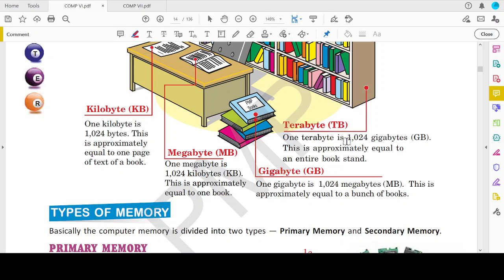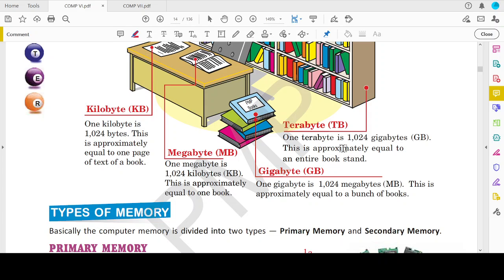I think this is a bigger unit they have allocated. Within 1024 gigabytes, you can keep a huge library of books. Right? Not only a book stand, but a whole library.